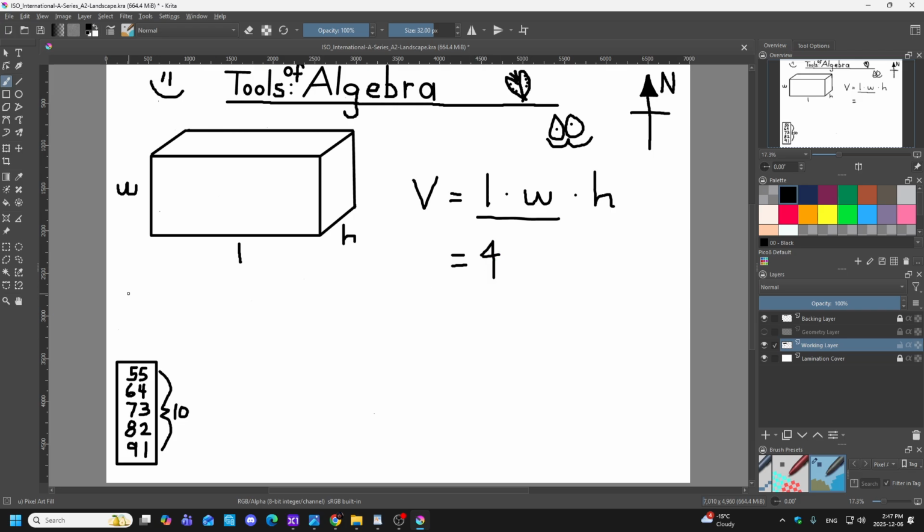Our units are feet. 4 times the width, which is 3, and the height is 2.